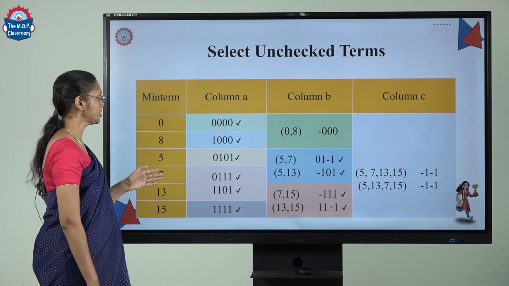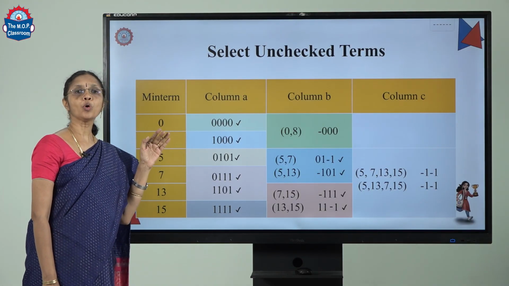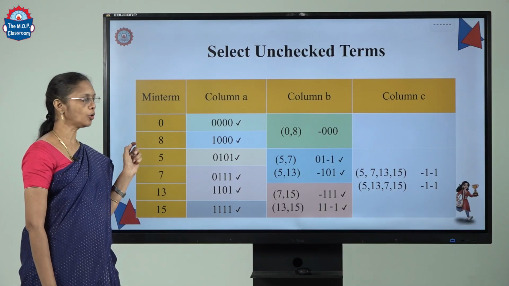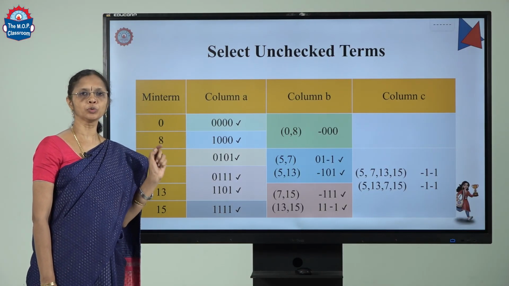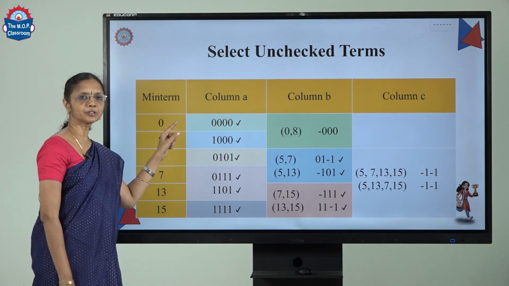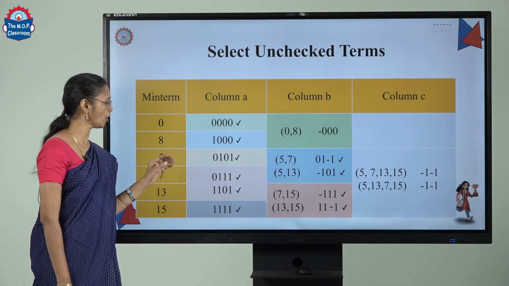Once you do this, you are going to select the unchecked terms. So first we have to see which are the checked terms. Those groups which you had selected for comparison and which you were able to do the comparison, you check them. So in column A, we had compared all the groups with their adjacent groups in one way or the other.